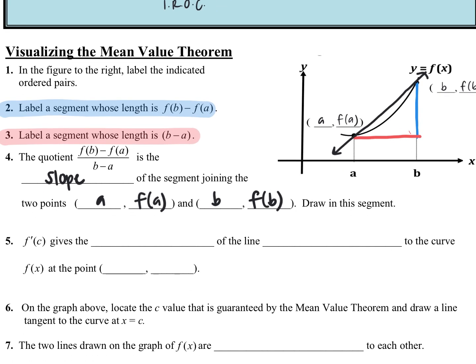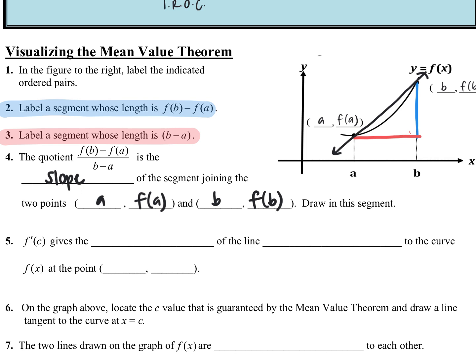Okay, so we're going to go out of order here. On part 6 there, it says, on the graph above, locate the c value that is guaranteed by the mean value theorem and draw a line tangent to the curve at c. So if I'm looking at this graph here and putting my pencil on that, at what point does it become tangent to that parallel line? Wait, which one's the parallel?